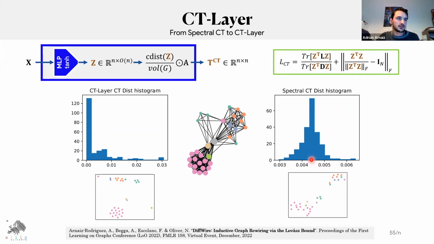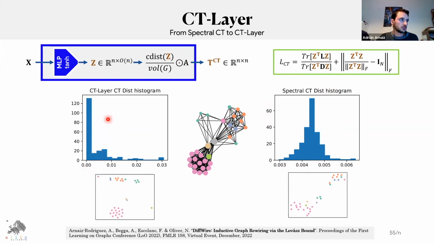But here, you spread the budget in a more normal way, rather than the one we learned. Here we can see the order of the CT distances, that most of the edges are going to have a very, very low distance. So most of the nodes are going to be very close. We can see here that it compacts all of these nodes.